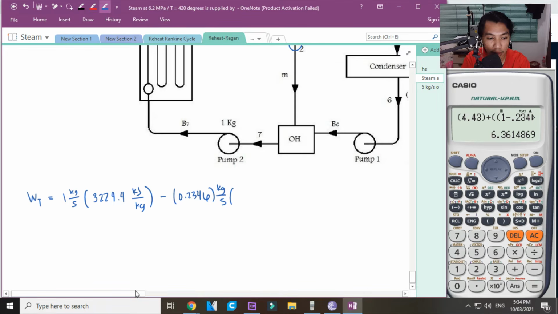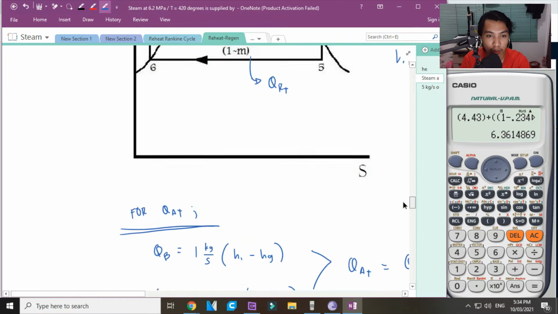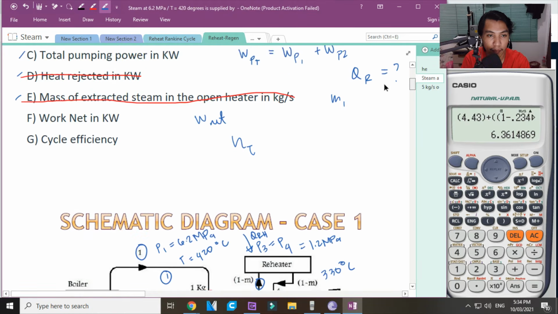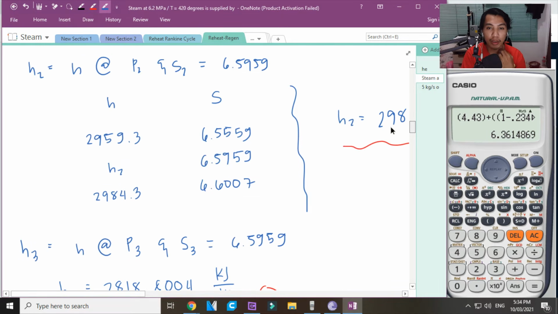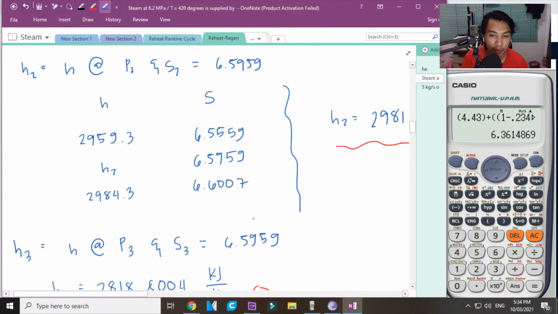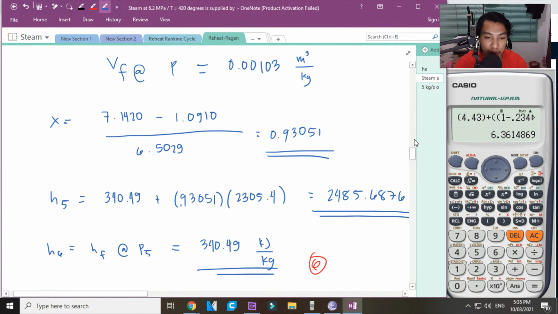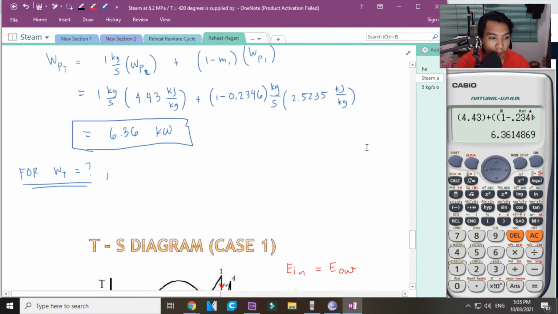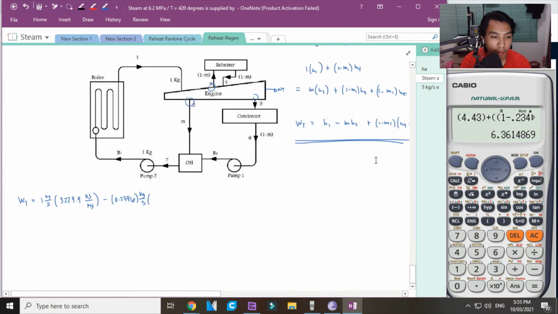Tapos ano yan? H2. Where is H2? H2. 2981.6214 kilojoule per kilogram.